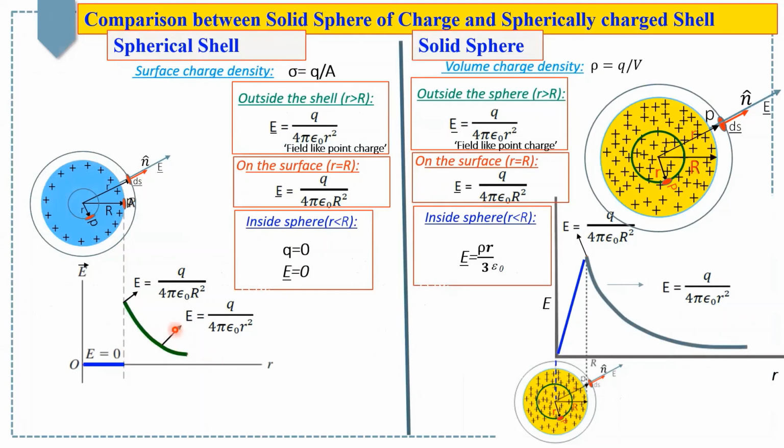Only inside there are differences. Inside the shell there is no charge, so no electric field, and inside the sphere, the electric field is first zero at the center, but after that it increases linearly with respect to radius and then decreases while moving away from the surface of the sphere.